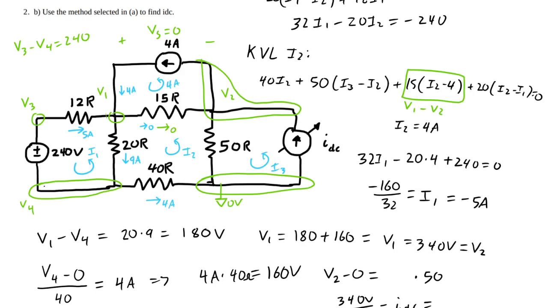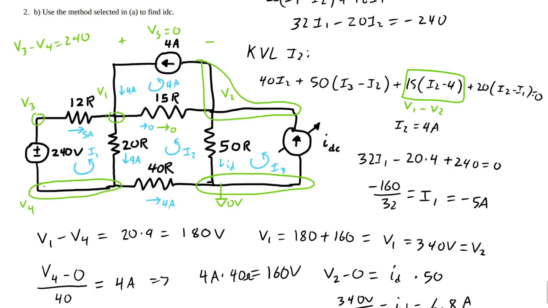Let me label this real quickly. It gives us the current through this resistor. Call that ID. IDC would not be that. So ID is going to be 6.8 amps.